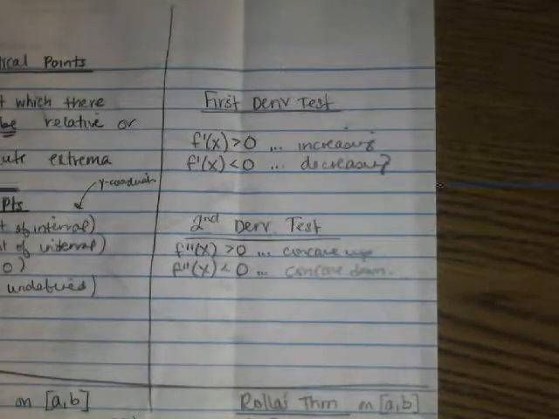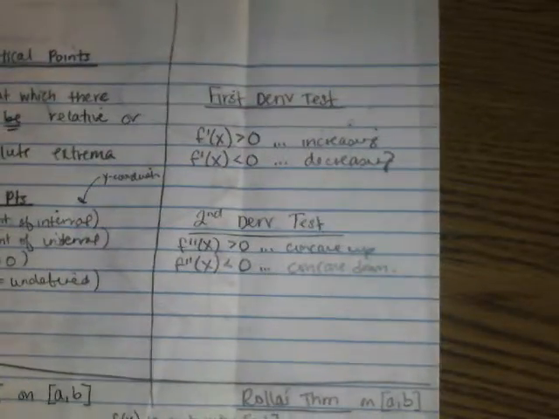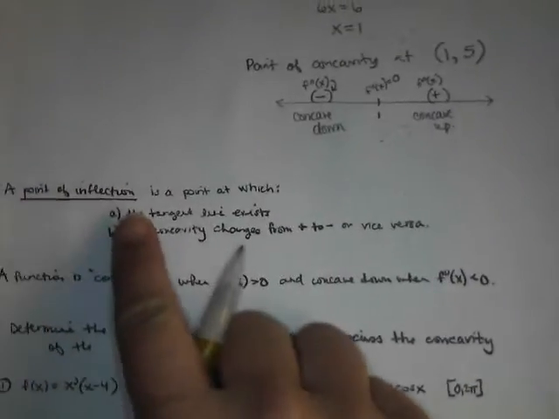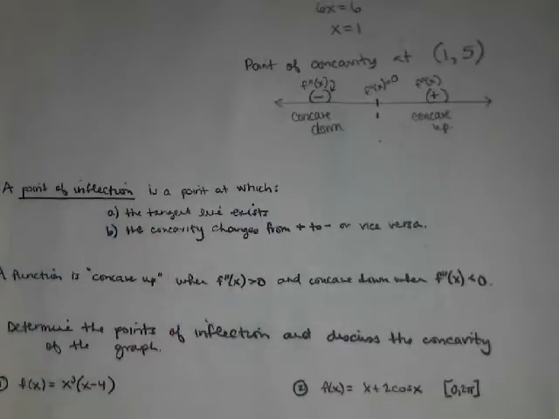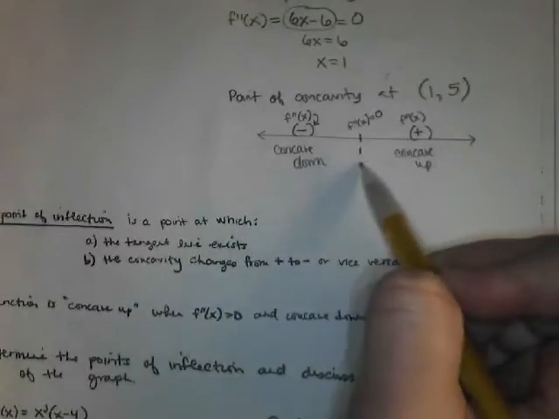Okay, so down here at the bottom, a point of inflection is a point at which the tangent line exists and the concavity changes from plus to minus or vice versa. Point of inflection is really the term for that, right? Where your concavity shifts. So this right here is a point of inflection because it's changing from negative to positive.